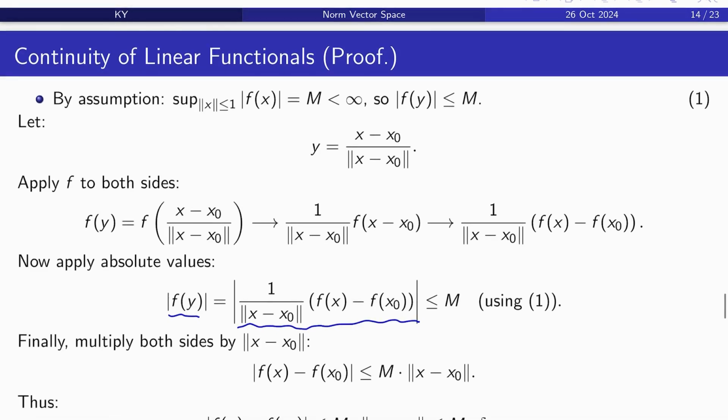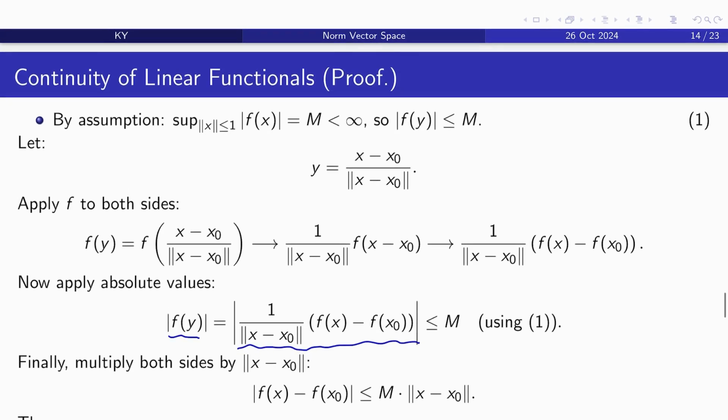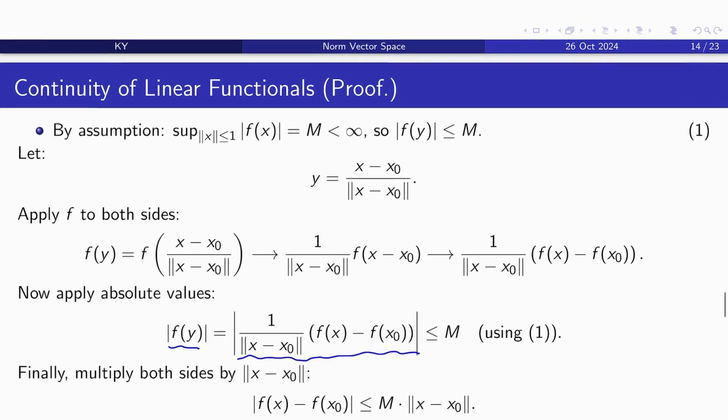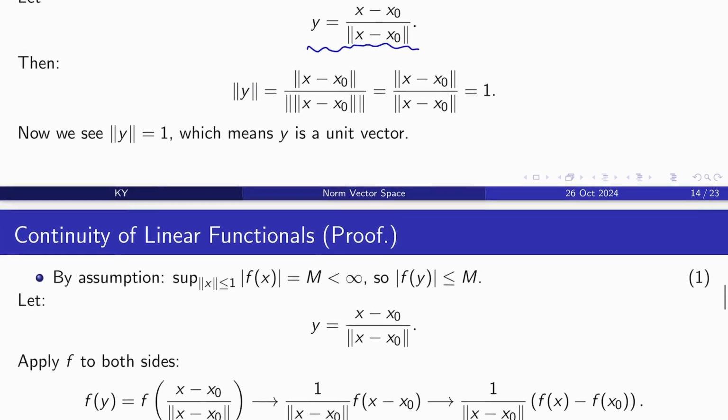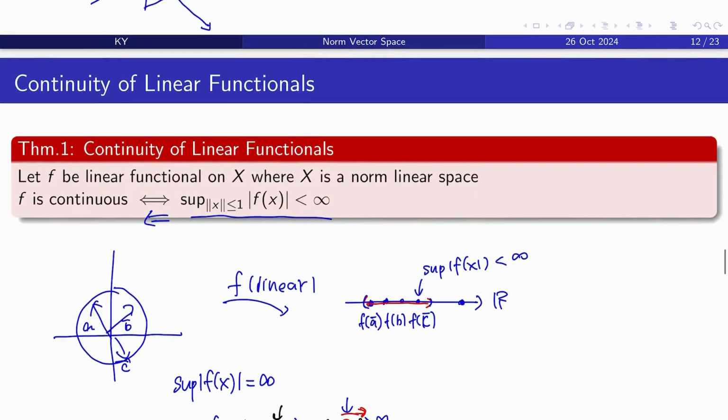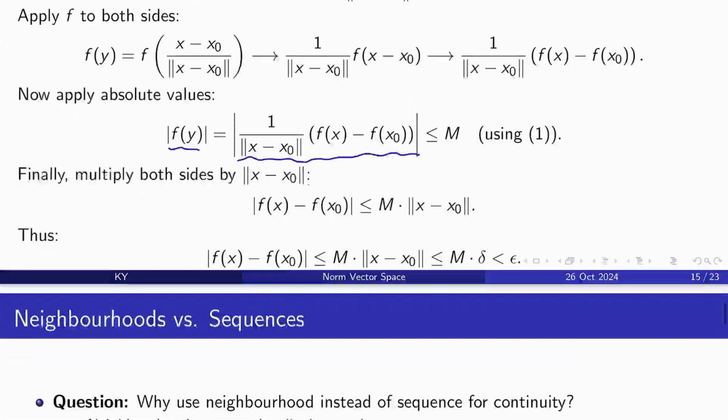I'm not going to explain this one because everyone knows that's what we're going to do. So that's the proof that f is continuous, assuming that the supremum of f of x is less than infinity for the set of all unit vectors.